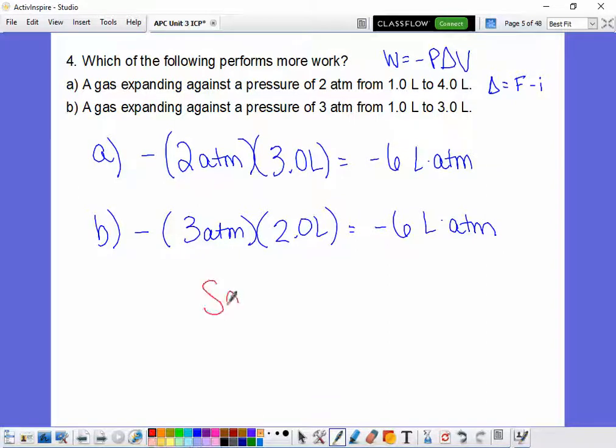Neither. They're the same amount of work. Okay? This is just showing you that even though the first gas is changing volume by more, it's expanding more, because its pressure is less, it's doing the same amount of work as this. So just showing you that it's not just volume, it's also pressure.